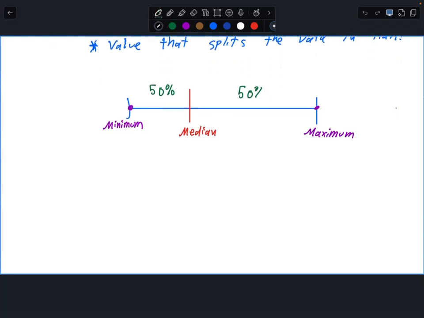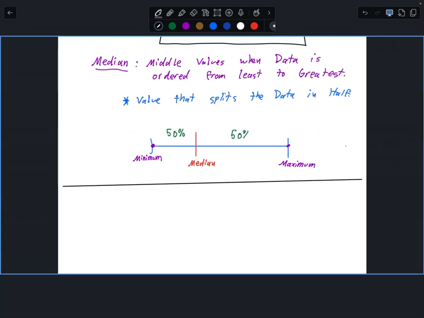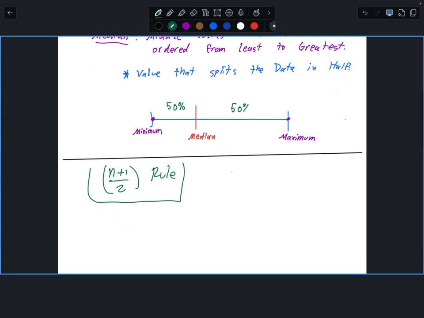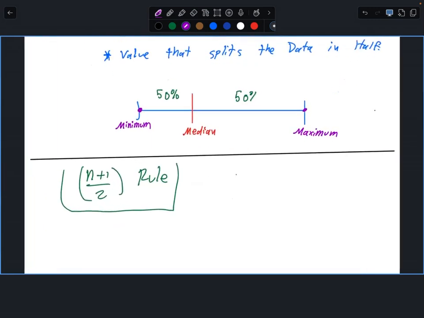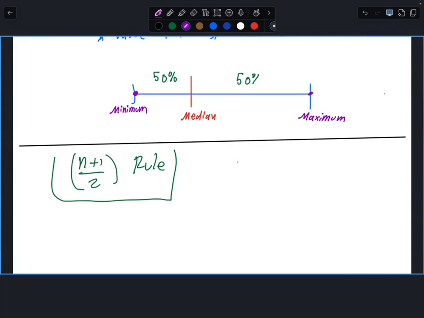And so we learned a method to find the median, the (n+1)/2 rule, okay? And I'm going to put this a little bit more in terms of our notes, as it's reviewing for you. And it says that, remember, n represents what again?